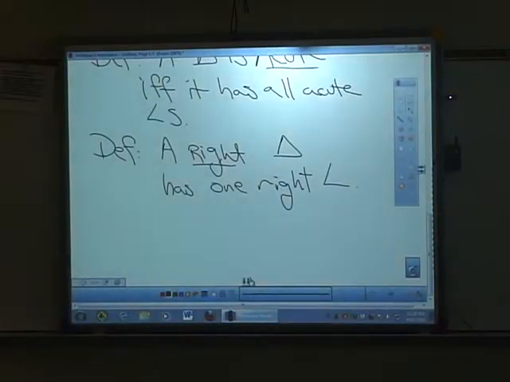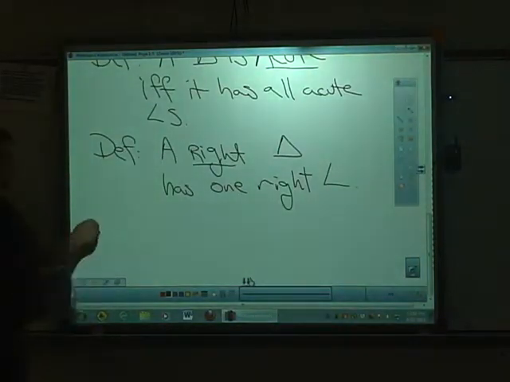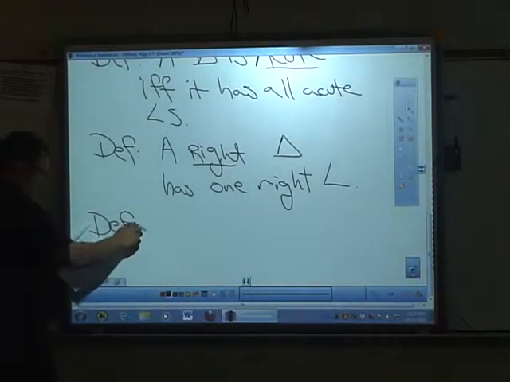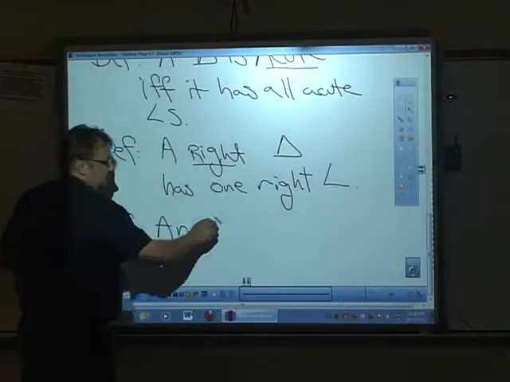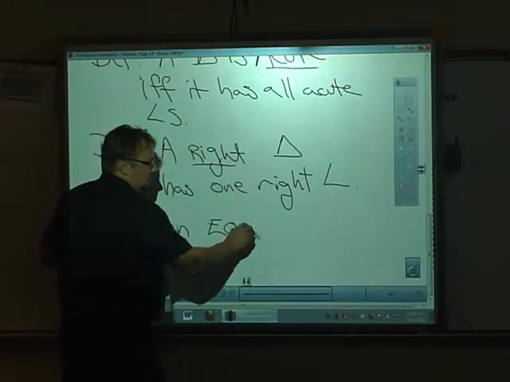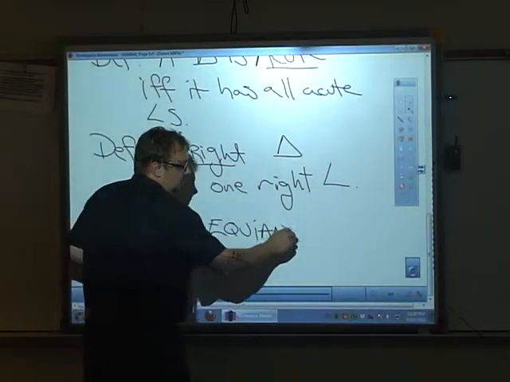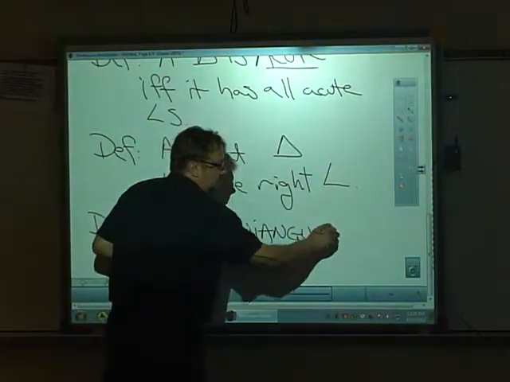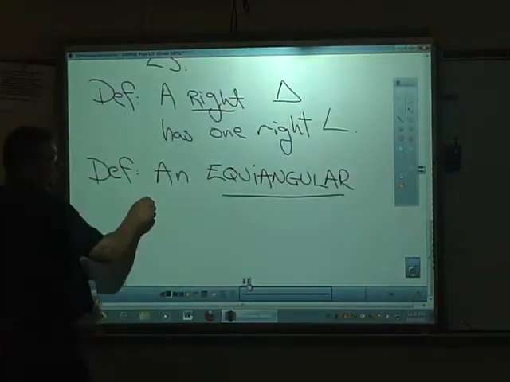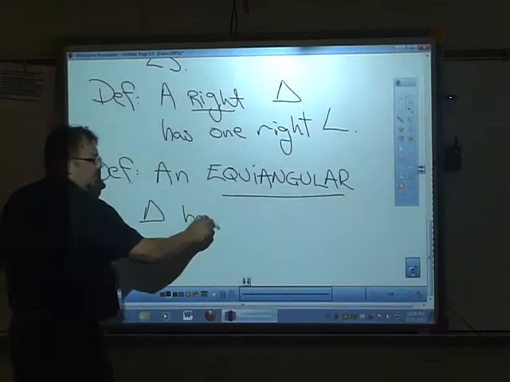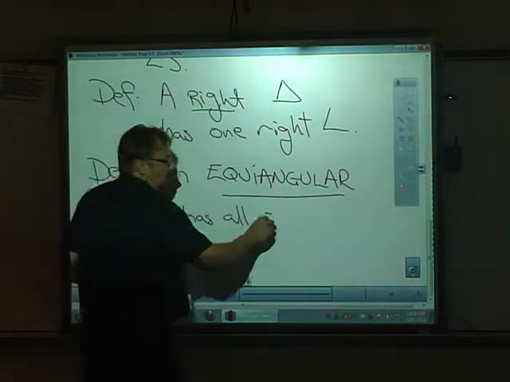And finally, the last type of triangle that we're going to define today is an equiangular triangle. An equiangular triangle has all equal angles.